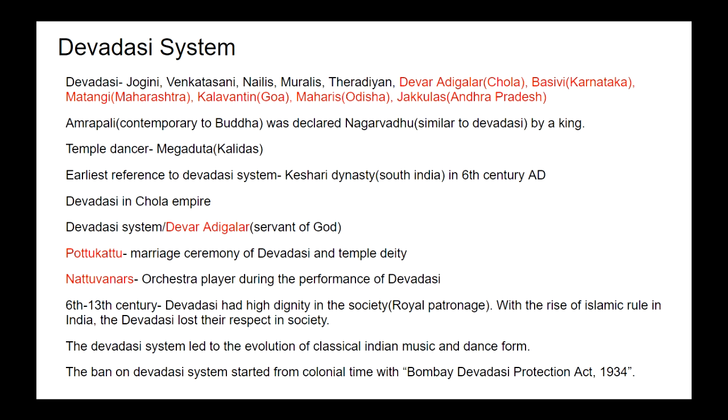So Devadasis were also known as Jogini, Venkatasani, Nelis, Muralis, Teradian, Devar Adigalar in Chola dynasty, Basivi in Karnataka region, Matangi in Maharashtra region, Kalavantin in Goa region, Maharis in Odisha, and Jakkulas in Andhra Pradesh region.